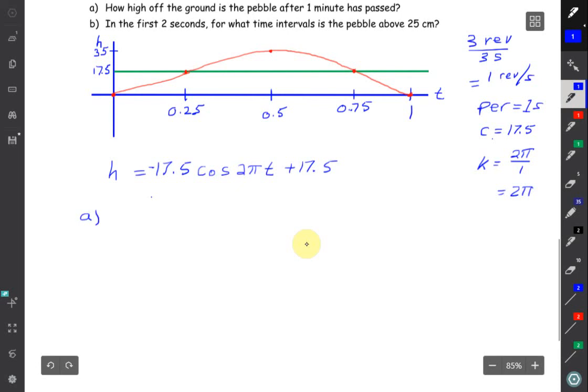So the first question is, how high off the ground is the pebble after 1 minute? So 1 minute is equal to 60 seconds. So we want to put 60 in here.